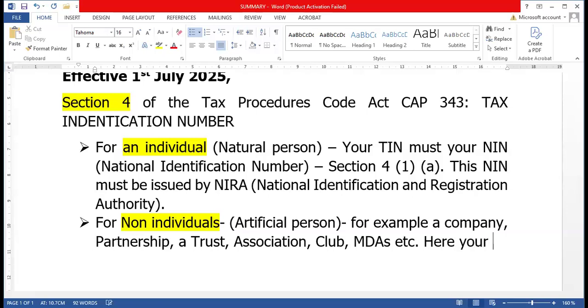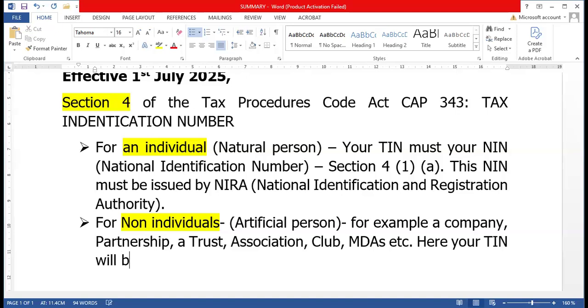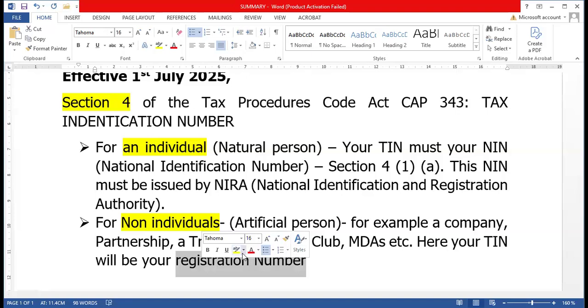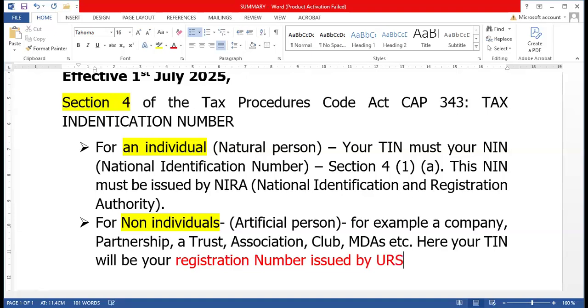So if you want a TIN for a non-individual, effective 1st July, the law states that your TIN will be your registration number, the registration number issued by Uganda Registration Services Bureau. It means you must have registered your company, partnership, trustee, association or club with URSB.